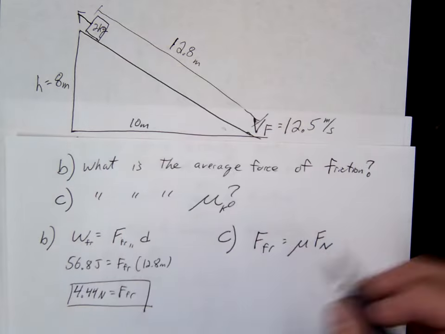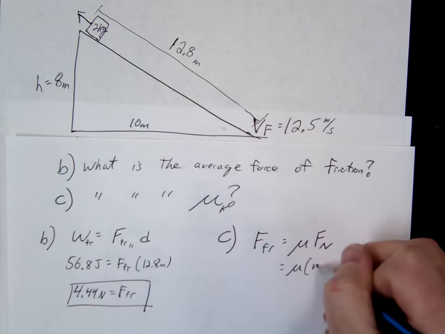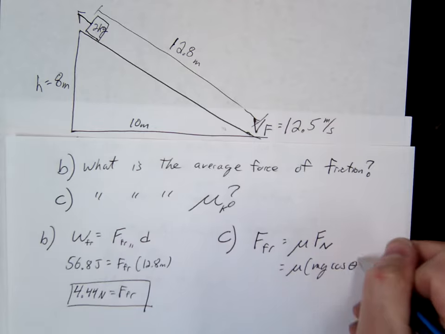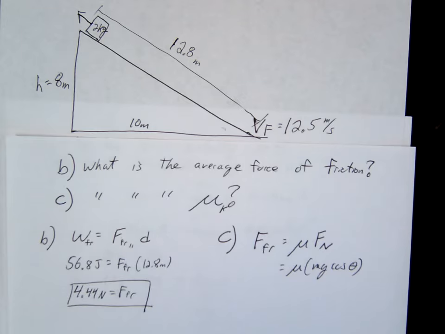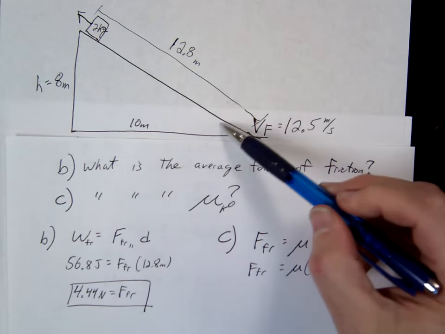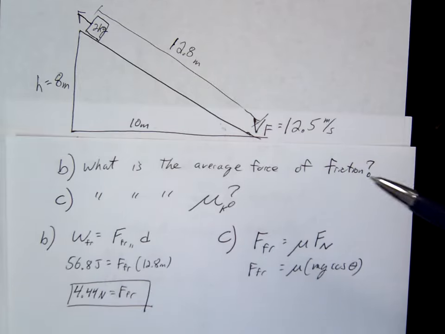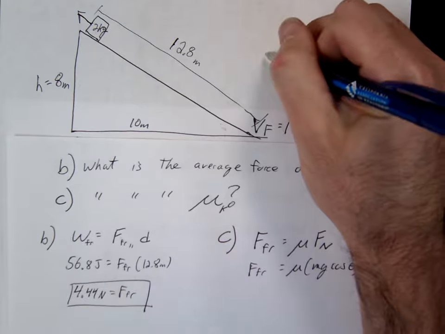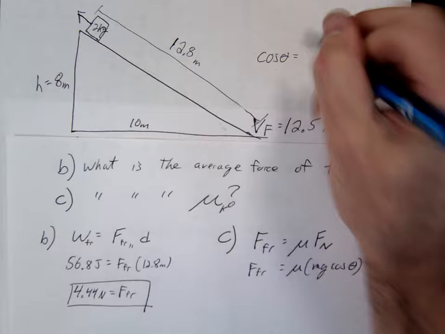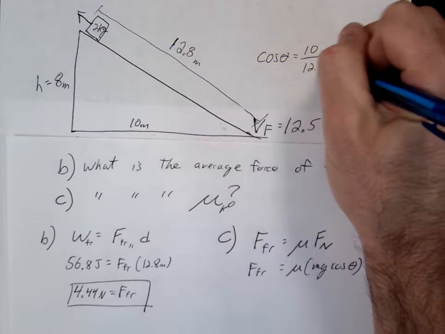Okay, mg cos theta. So if you wanted, you could calculate the angle first, right, and then plug that into cos theta. You actually don't have to calculate the angle if you don't want to, because we know cos theta equals adjacent over hypotenuse.